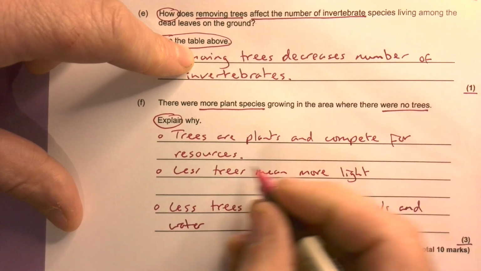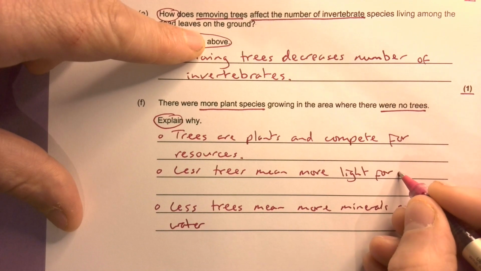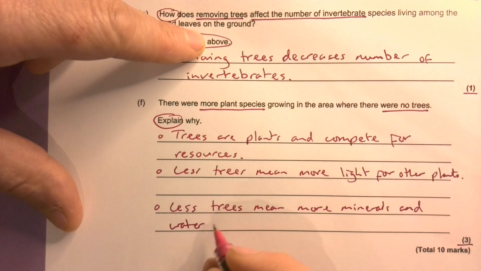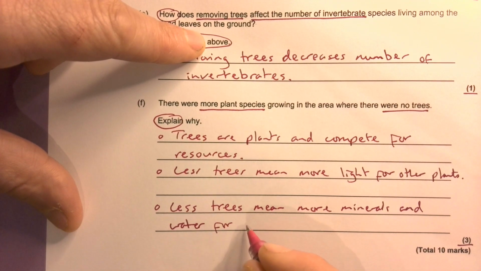Yeah, so less trees mean more light for other plants. Less trees mean more minerals and water for other plants.